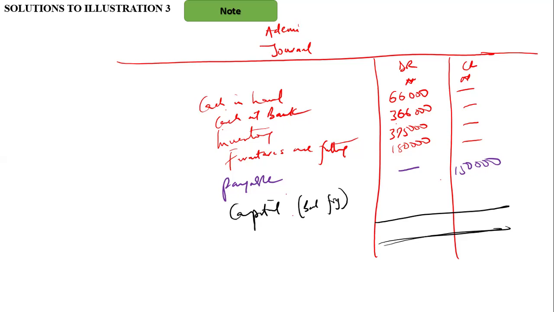That gives us 987,000. So we deduct the payable, minus 150,000. Whatever we have left is going to be our capital, 807,000. Now, this is one of the basic computations when you are faced with accounting.